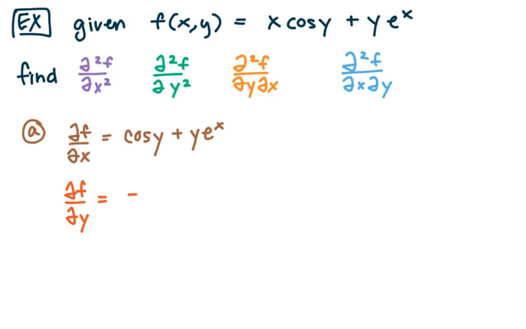So I have negative x sine y. Again, x is a constant, so e to a constant, that's a constant, and that's a coefficient in front of y. So the derivative of some coefficient times y is just going to be that coefficient, e to the x. So those are both of my first derivatives.